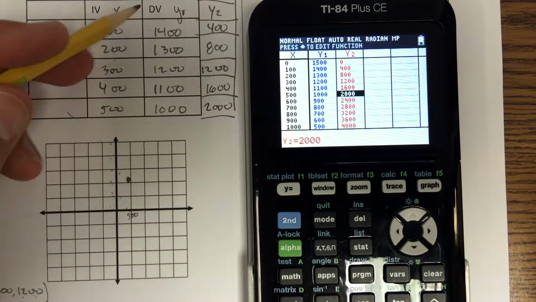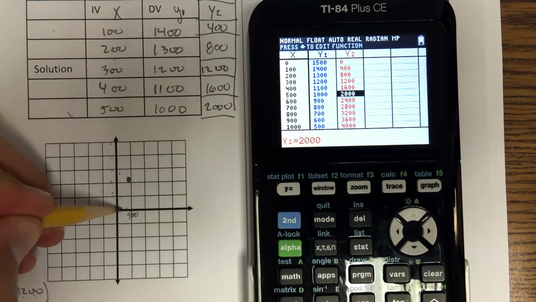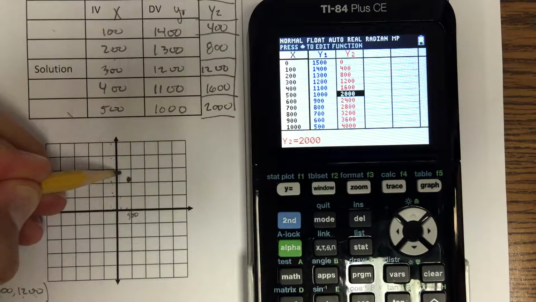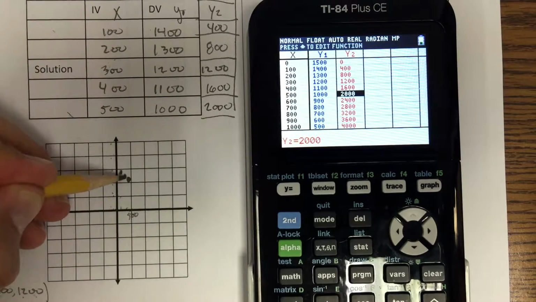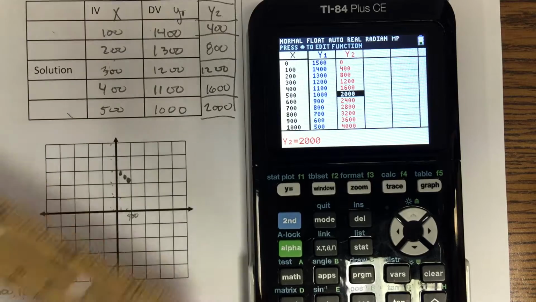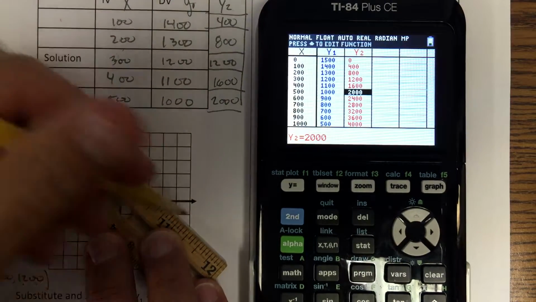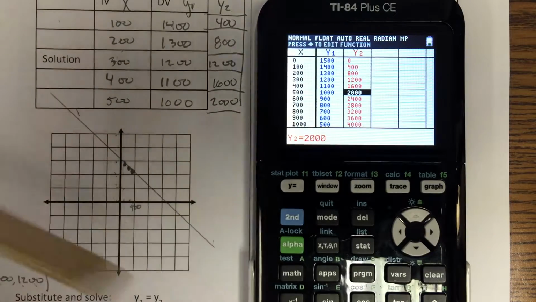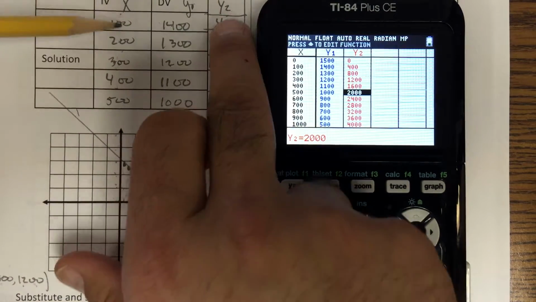And then let's do this line right here. So 100, 1400, 200, 1200. Okay, so we know that that line is going to look something like that. And then let's come to these x coordinates and these y coordinates.